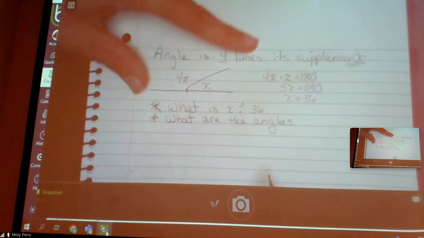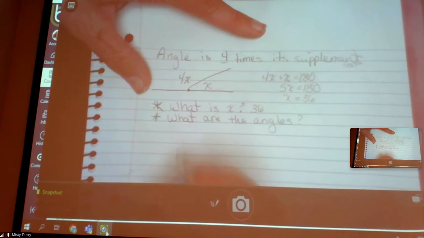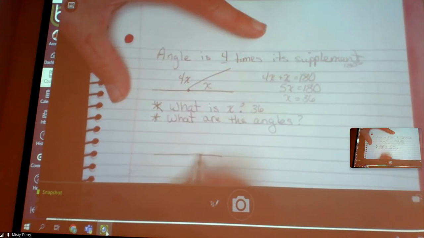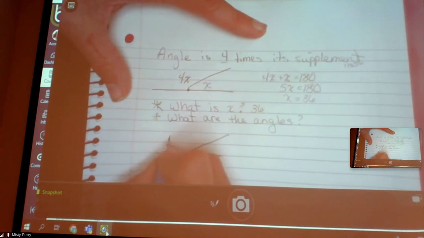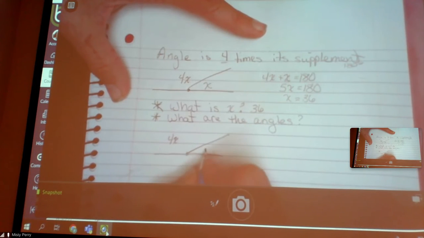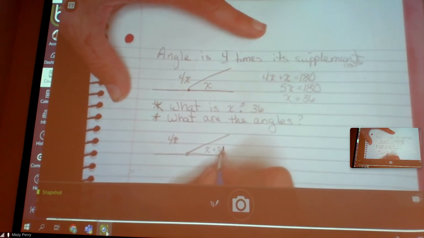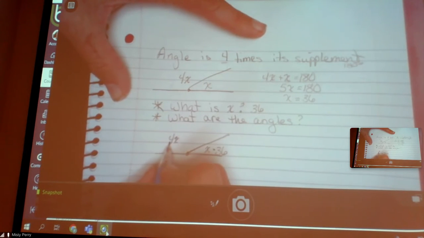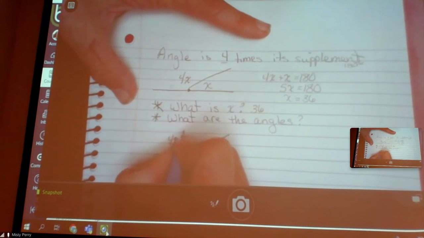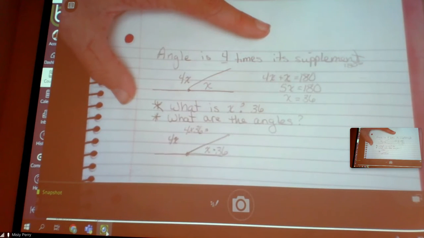Now, sometimes it asks for x, but sometimes it asks for the angles. So, in order to find the angles, I come back to this picture I had, 4x and x. So I know x is 36. 4 times x, so I go 4 times 36 is 144.